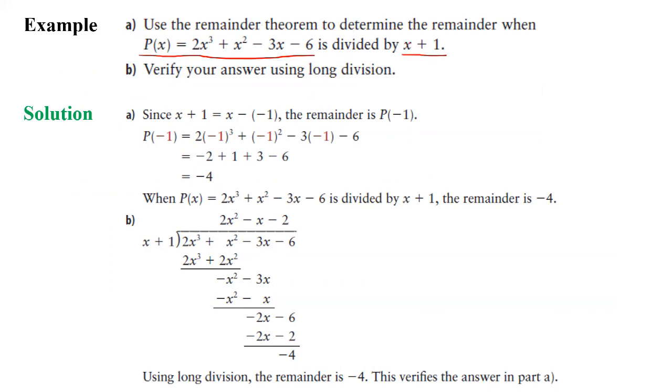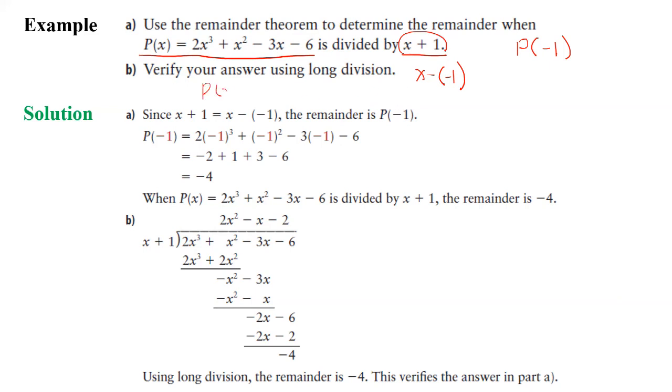Okay, so according to the remainder theorem, the remainder of dividing p(x) by x plus 1 is p(minus 1), right? Because x plus 1 can be expressed as x minus (minus 1), right?